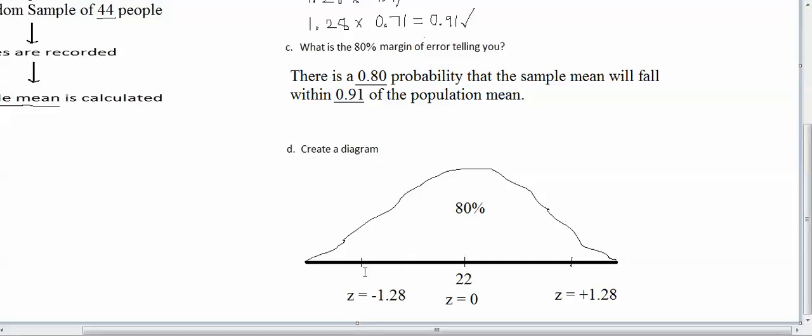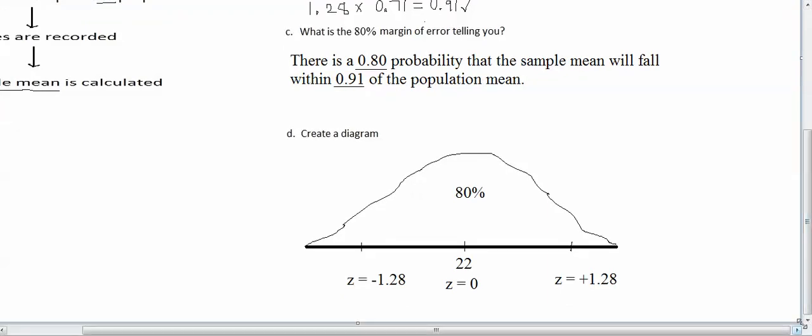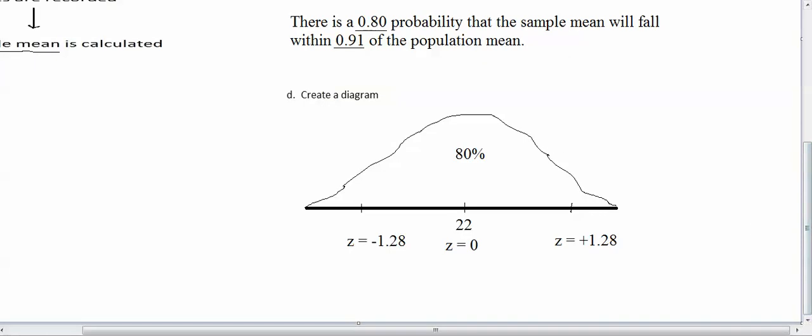Now let's find out what the two numbers are at these two boundary points. Not the z-scores, but the actual two numbers. Before we do that, we have to label the margin of error at the bottom. We found out that the 80% margin of error is 0.91.